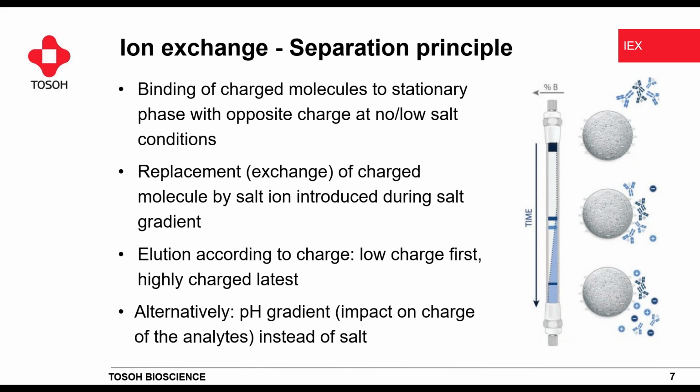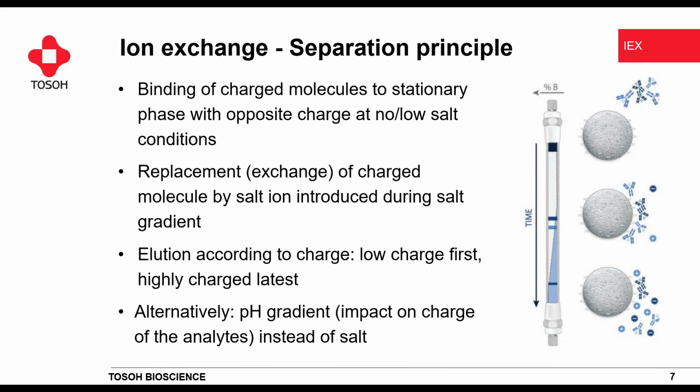The principle of ion exchange chromatography is that charged molecules bind to the stationary phase. That stationary phase should have an opposite charge, of course, and this should ideally be at no or low salt conditions. So there are nearly no salt ions present in the solution when you start, or when you bind your sample.